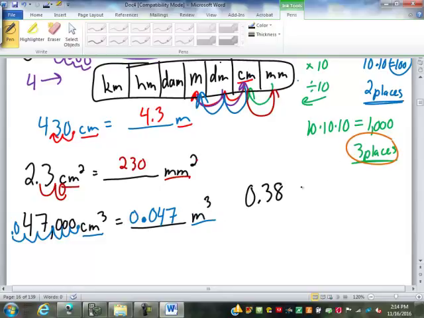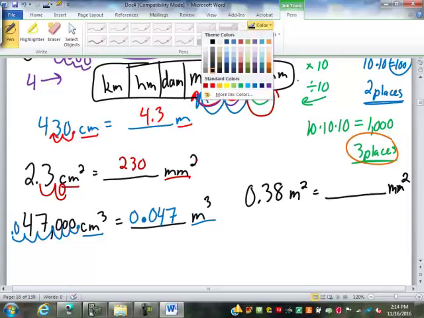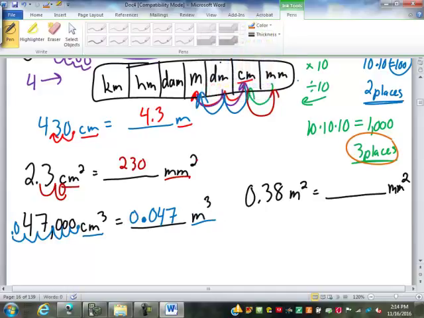So let's say we have 0.38 meters squared going into millimeters squared. I'm going to give you guys a couple seconds to think about this as we go through. First thing I want you to look for is to go from meters to millimeters on the chart. How many spaces in what direction?